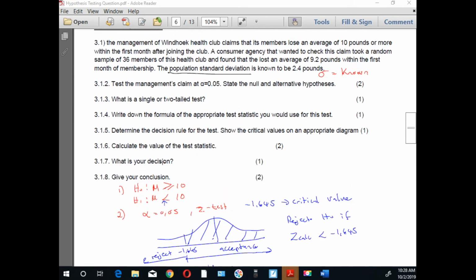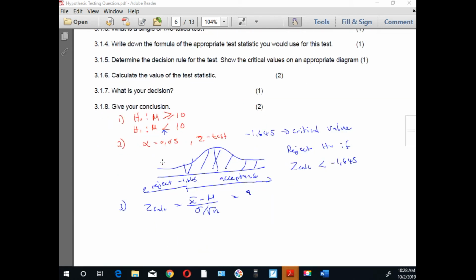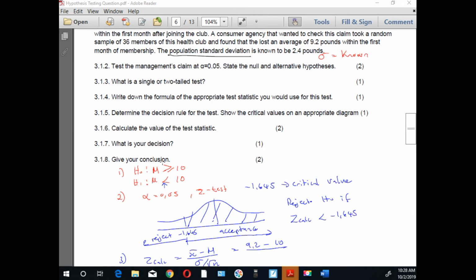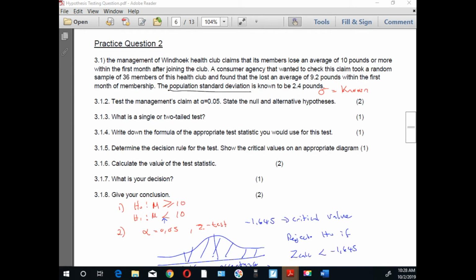X bar is 9.2 pounds from that measurement, so 9.2 minus 10 divided by 2.4 over root 36. Population standard deviation is this one, this one is the x bar, and this one is the n.